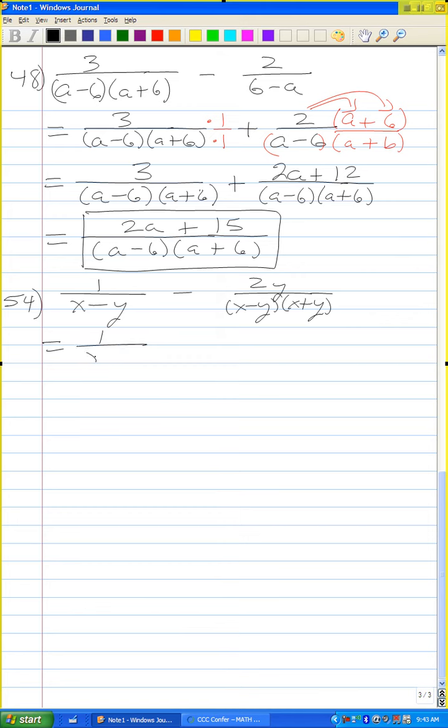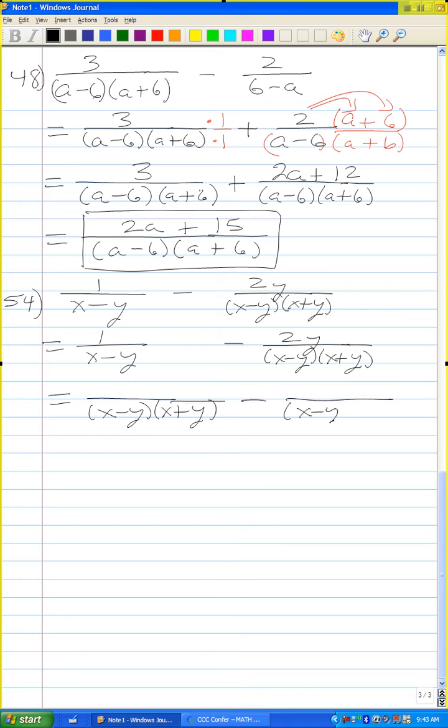And so we can see that the least common denominator in this case is x minus y times x plus y. So let me multiply this first fraction by x plus y and divide by x plus y to get an equivalent rational expression with the same common denominator.